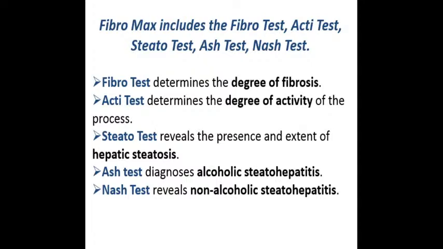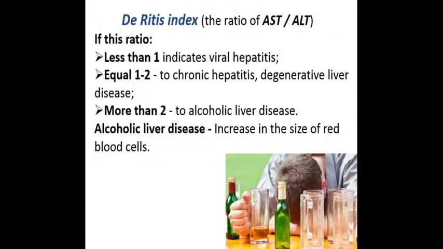The ASH test shows whether the patient has alcoholic liver disease, and the NASH test determines the presence or absence of non-alcoholic steatohepatitis. And we must determine the De Ritis index, the ratio of AST to ALT. If this ratio is less than 1, very often it is viral hepatitis.